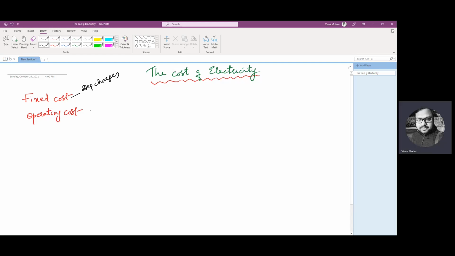Now coming to operating costs, it includes salaries paid to the employees. Then it includes fuel costs. So these are basically variable costs. For every unit of energy that is produced, there is fuel consumption associated with it.